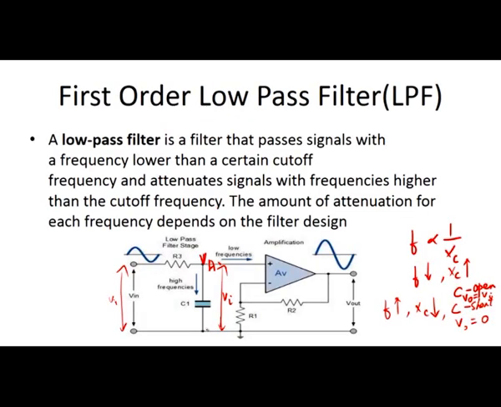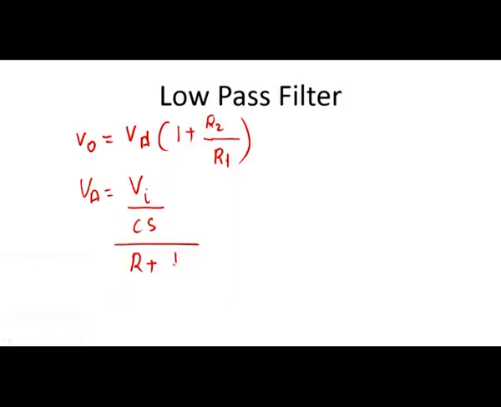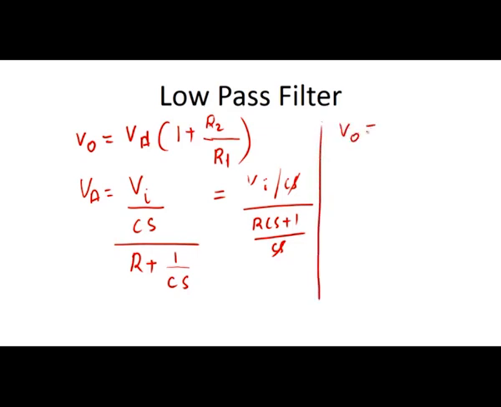So, the voltage across the capacitor will be the input voltage times the capacitive reactance divided by the total. Xc you have to write as 1 by Cs. Now, you calculate Vi by Cs divided by R plus 1 by Cs, that is, Vi by Cs divided by (RCs plus 1) by Cs. This will get cancelled. So, this is your VA, the voltage across the capacitor. Now, what is the output of the filter circuit? VA into 1 plus R2 by R1.